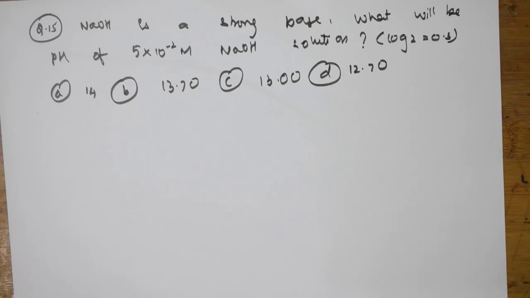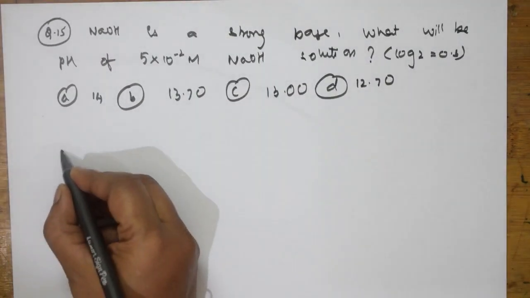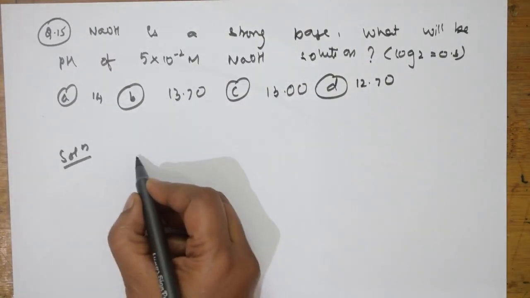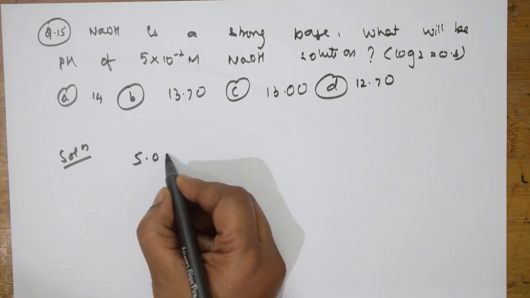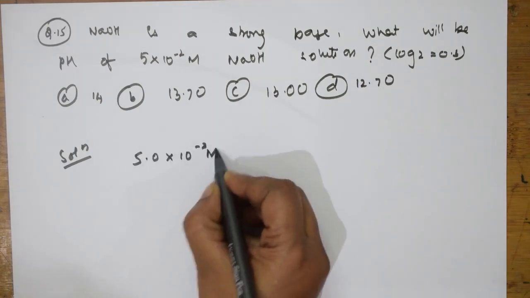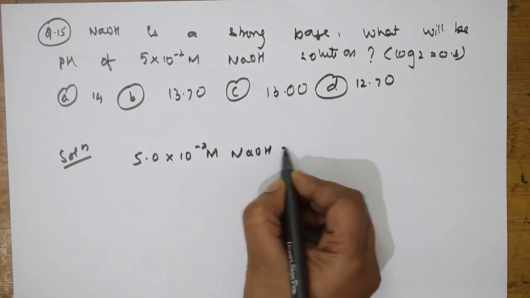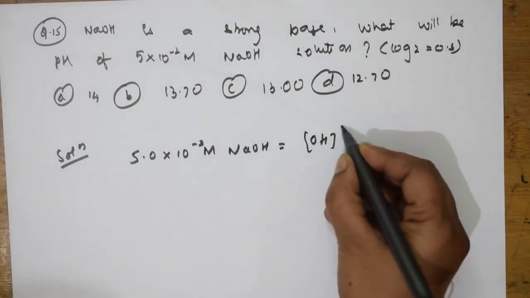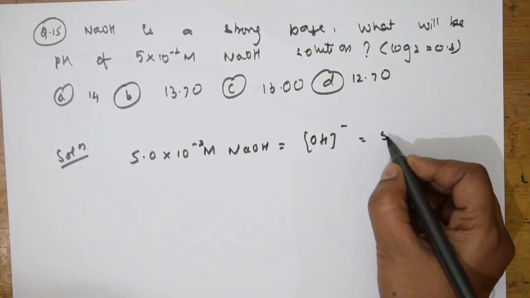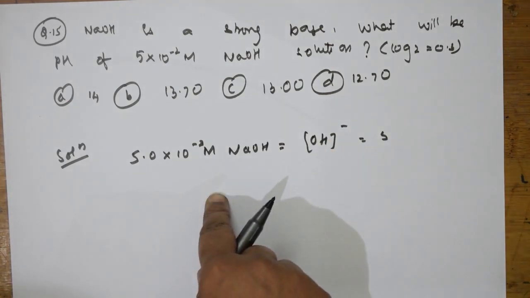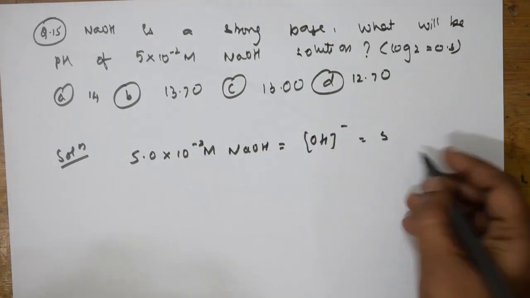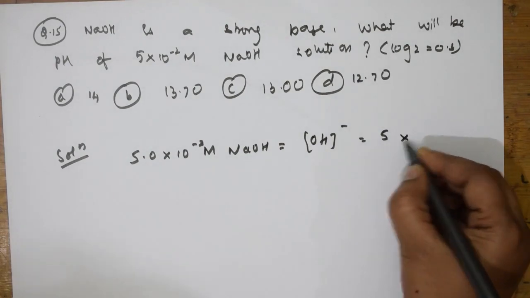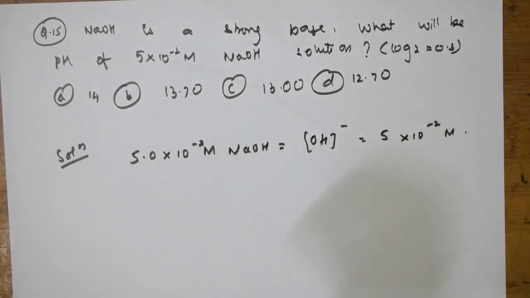Okay, so basically when such numerical is given to you, you can start solving the numerical like this. 5.0 into 10 raised to the power of minus 2 molar sodium hydroxide is equal to concentration of OH minus, which is equal to 5 into 10 raised to the power of minus 2 molar. Correct.